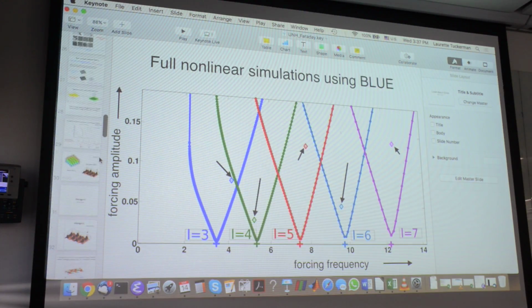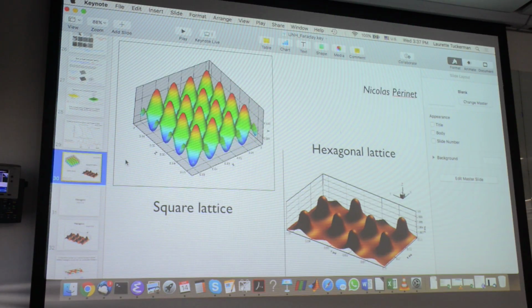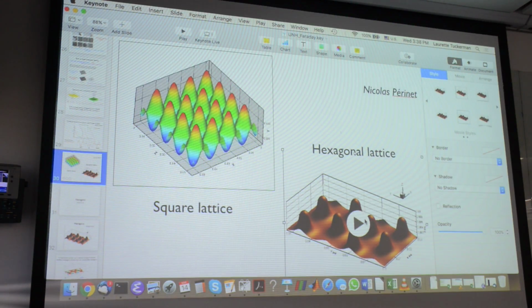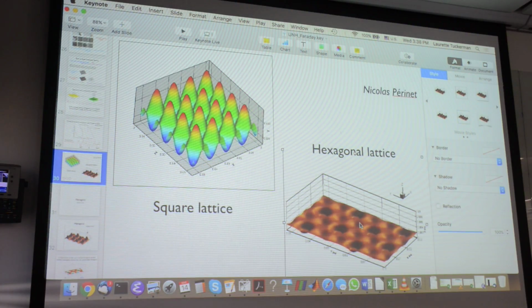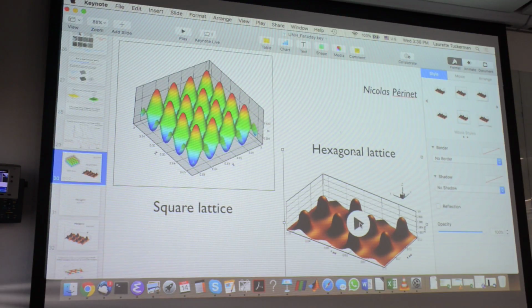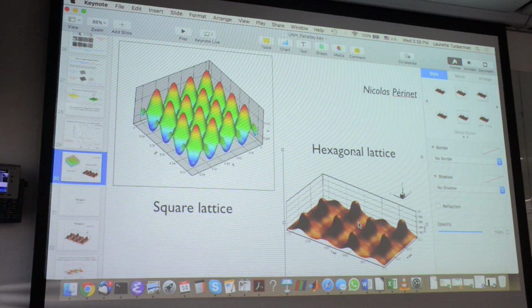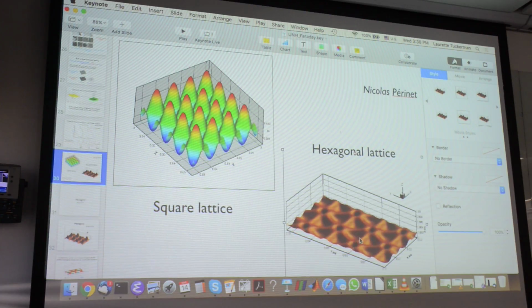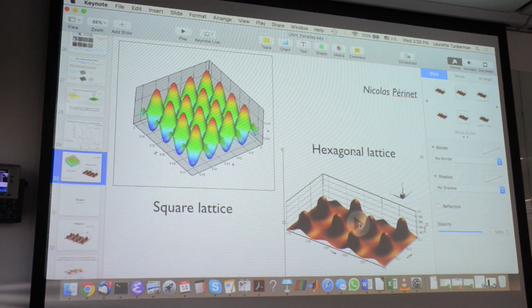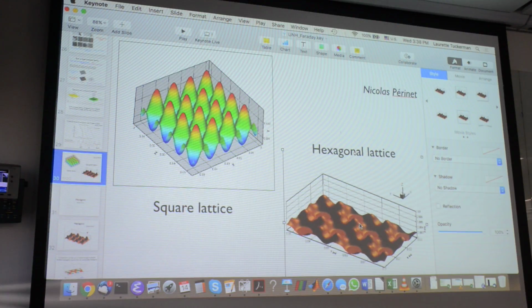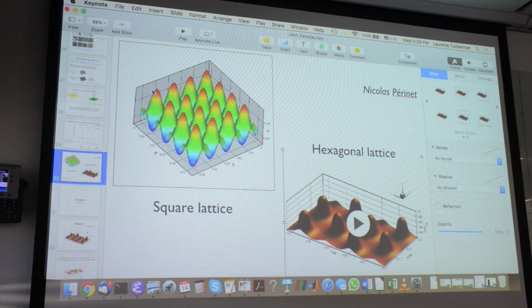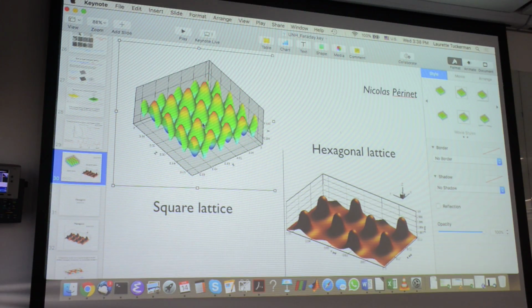In the Faraday problem, which is the shaken layer, you can actually see hexagonal patterns, and you can see these are hexagonal. You see this is surrounded by 6 little hills, right? Or you can see square patterns where each hill is surrounded by 4 other, each hollow is surrounded by 4 hills.